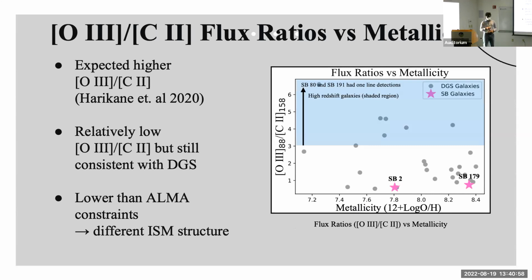The metallicity was measured using 12 plus log O over H. In Horicon's paper, we know that SB2 and SB179 are the best local analogs for high redshift systems, so we expected these to lie somewhere in this blue region. However, their ratios are relatively low, though still pretty consistent with the DGS, the Dwarf Galaxy Survey. We can conclude that they are definitely lower than the ALMA constraints, and we speculate that this is because of how the interstellar medium is structured.